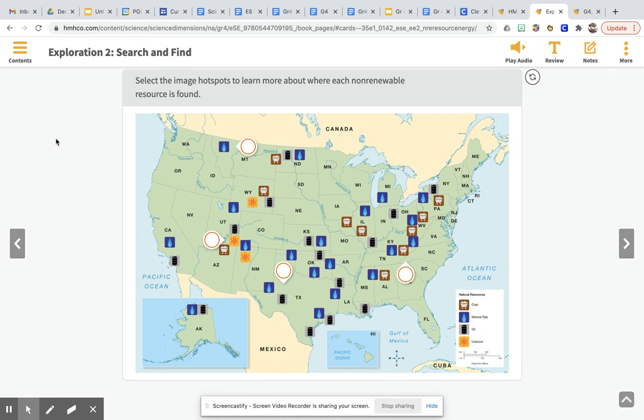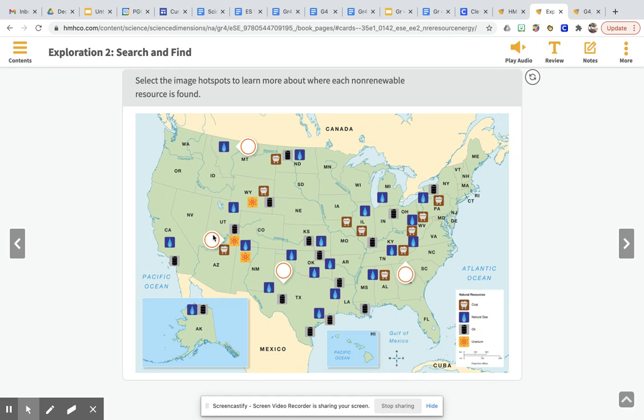This is a map of the United States. And there are hot spots where each of these non-renewable resources is found. And when I say hot spots, that just means that there's more of that non-renewable resource located in this particular area than in most others.